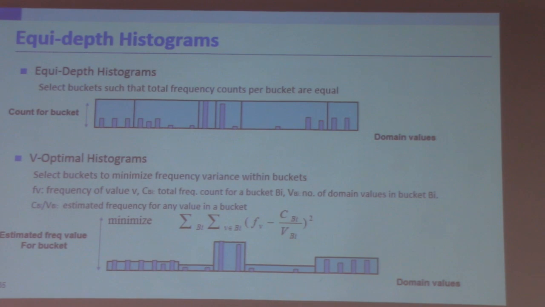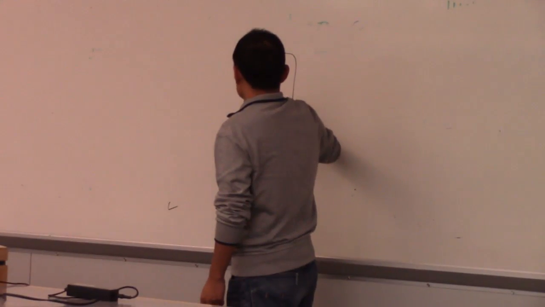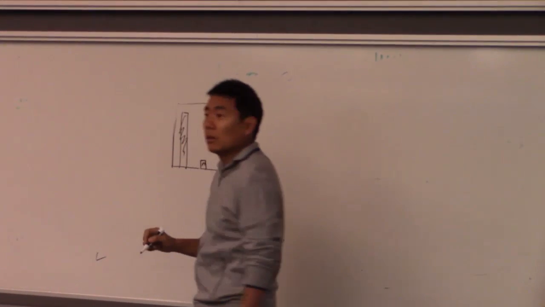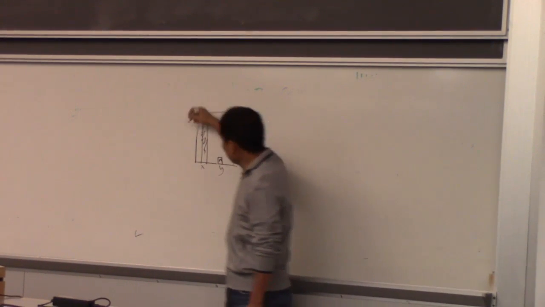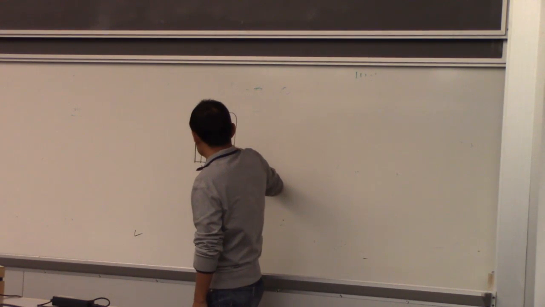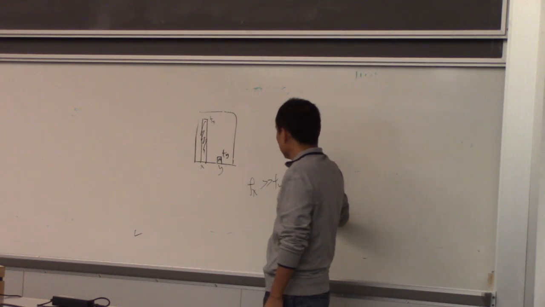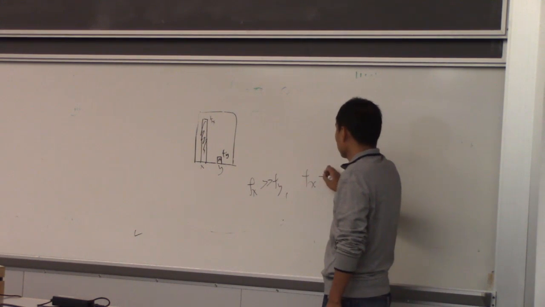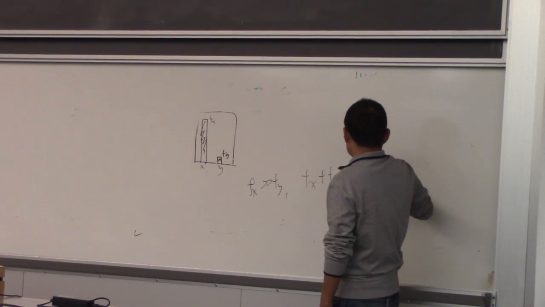What is this bucket? What it means is you have two values x and y, and this represents the frequency of x and the frequency of y. The frequency of x is much greater than the frequency of y, but the frequency of x plus the frequency of y is roughly equal to that equal depth.